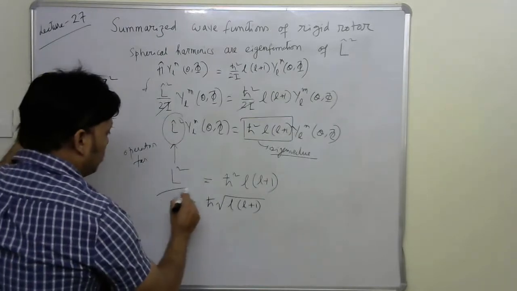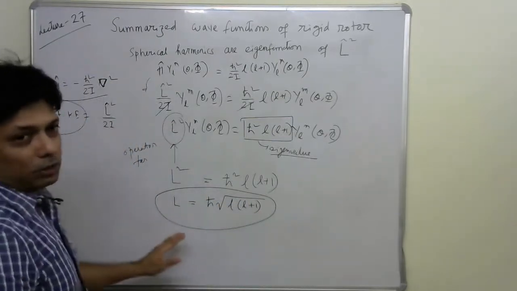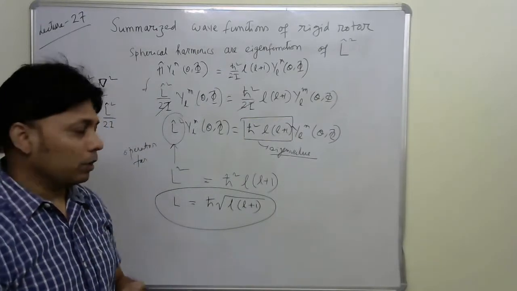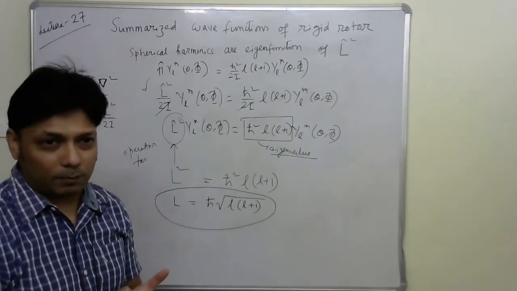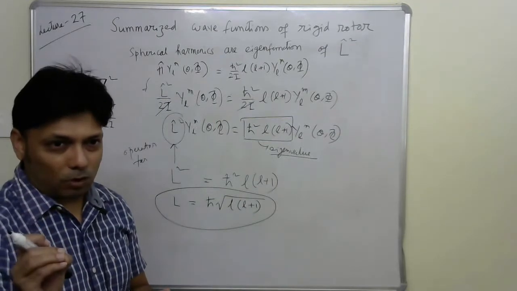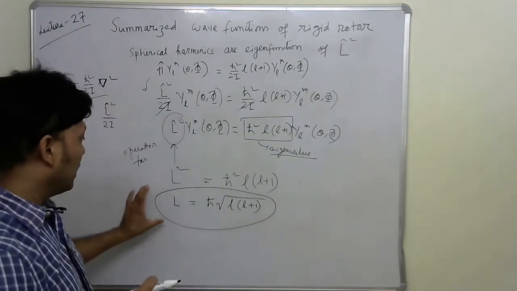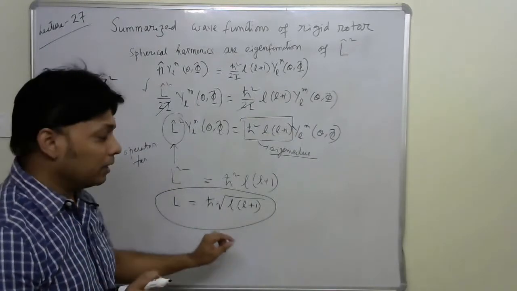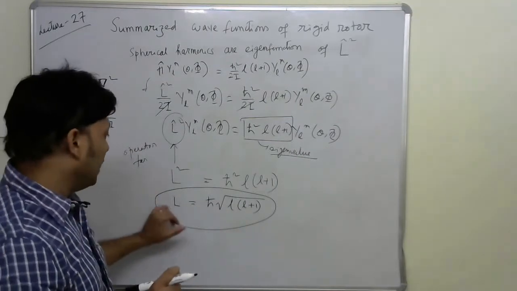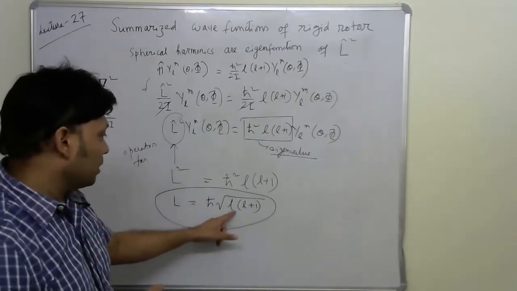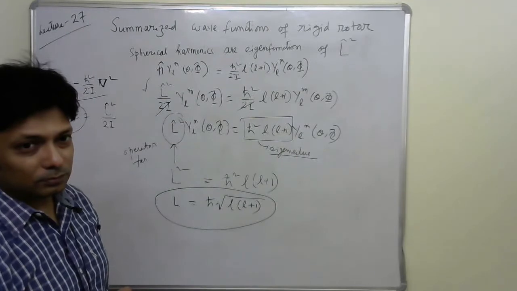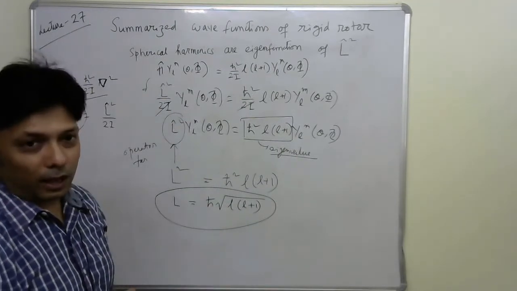Alright, and I'm sure some of you have already seen this expression in the hydrogen atom, whenever we are asked to find the angular momentum of the electron when it is in a p orbital or when it is in an s orbital. So you find a value for L and you can calculate the magnitude of L. So whenever L is 0, you see L is equal to 0, and whenever L is 1, L is equal to root 2 h cross.